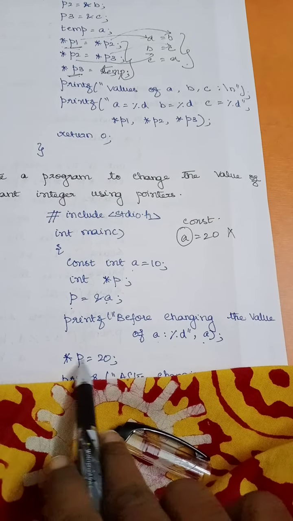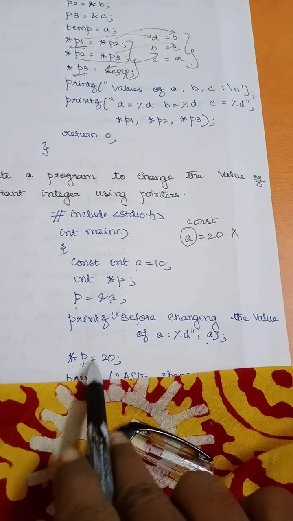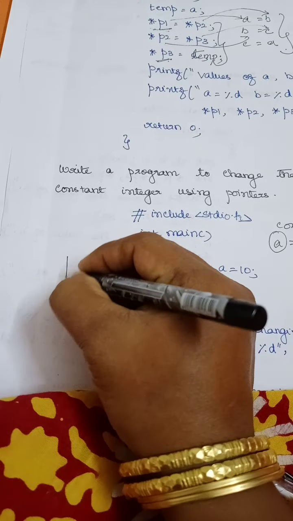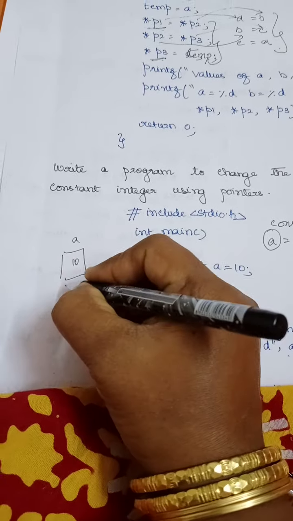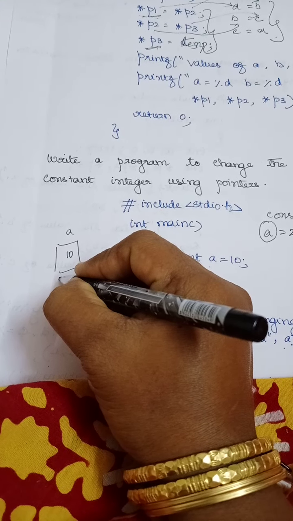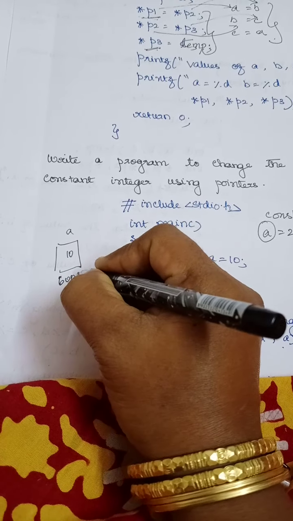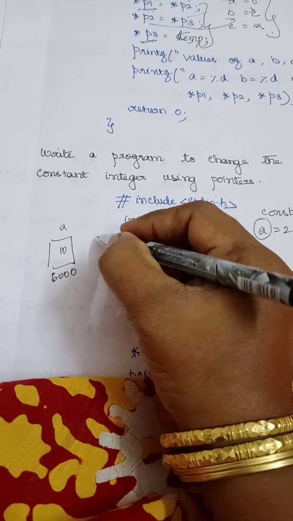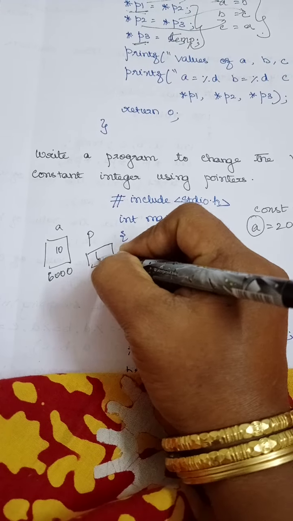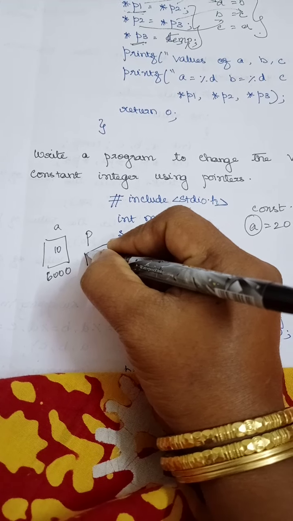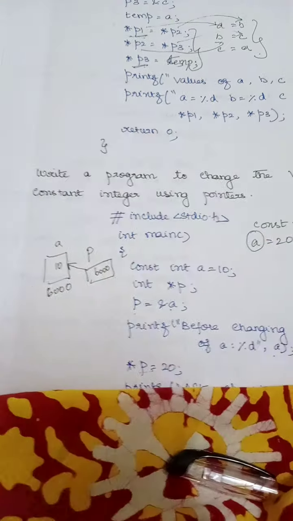Now star p. Star p refers to what? I already told you, if you have a here, I have 10 here. The address, let us assume the address is going to be 6000, right? And here I have p. P is now containing the address what? 6000. So it is now pointing here. Is that clear?